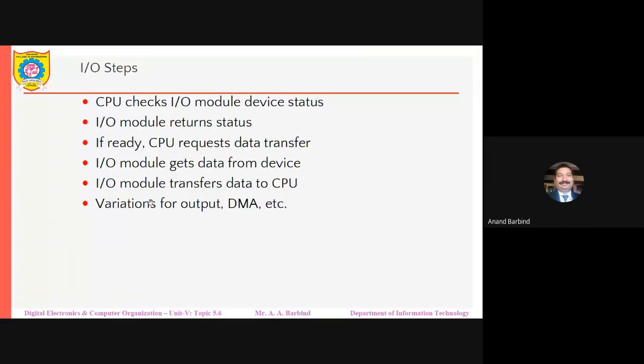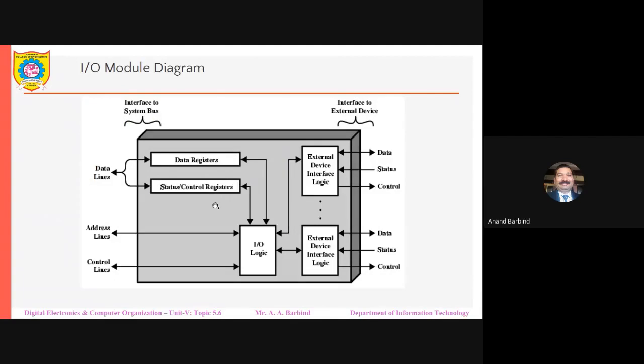So instead of transferring it to the CPU, and from the CPU transferring it to the memory, another variation is used, that is called DMA, that is direct memory access. So the data is transferred from IO directly to the memory, or the data is transferred directly from the memory to the IO. So such variations exist.